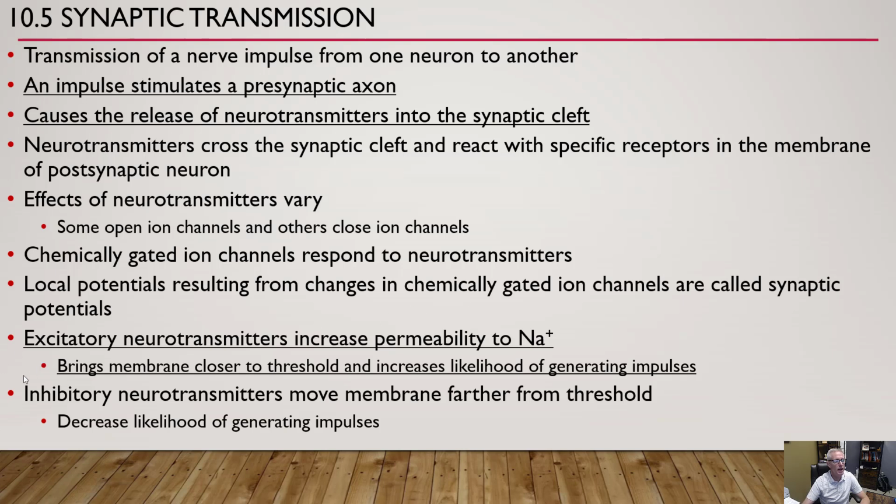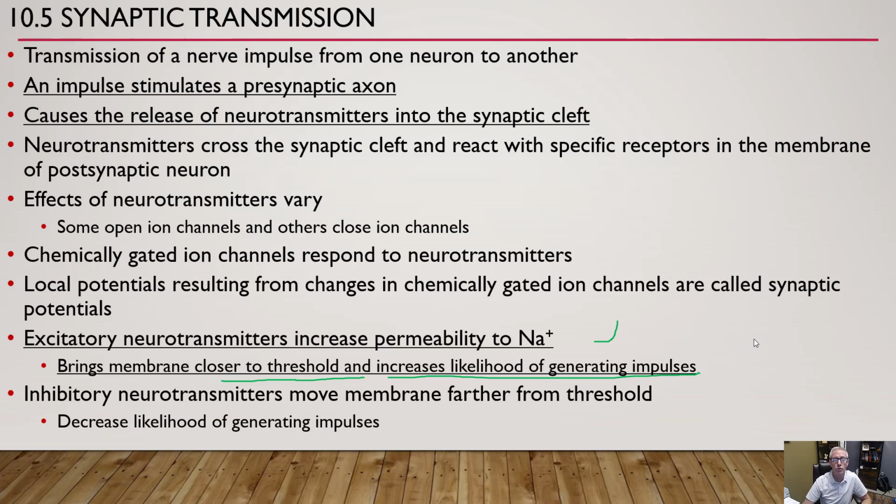So if you go back to our action potential graph, increasing the permeability to sodium would actually move it this way. It brings that membrane closer to threshold and increases the likelihood of generating impulses.